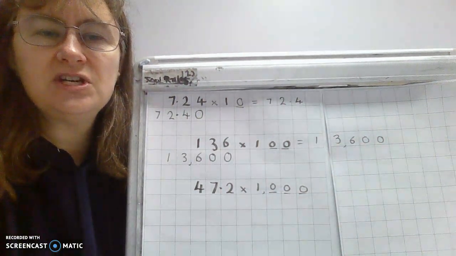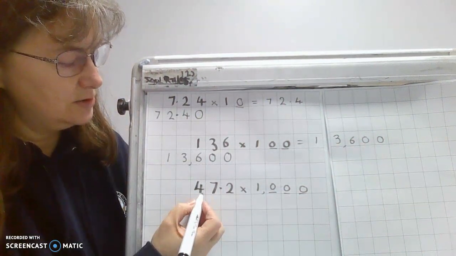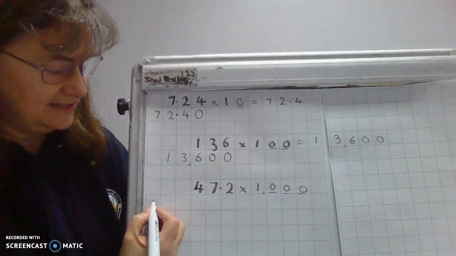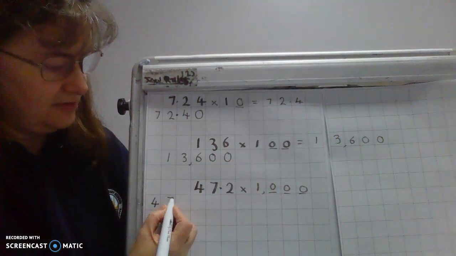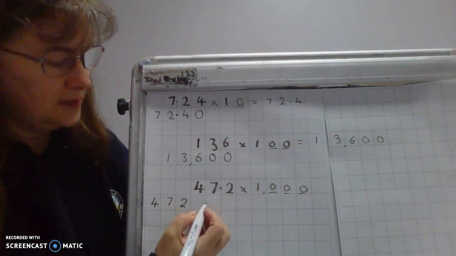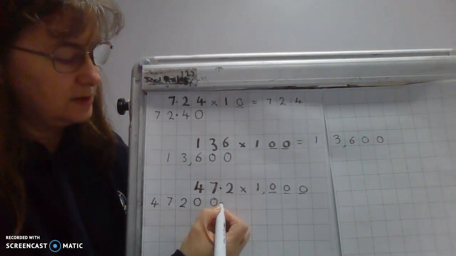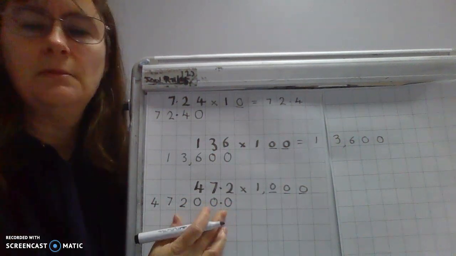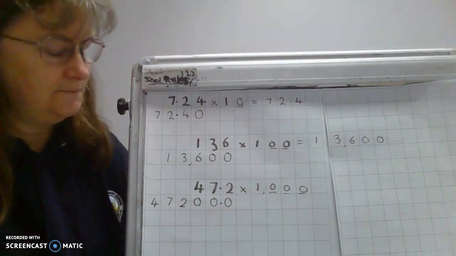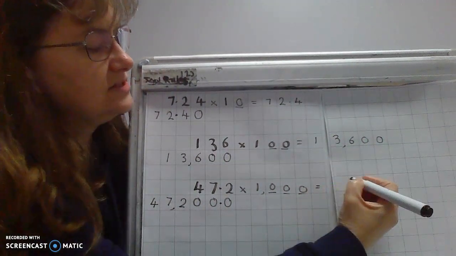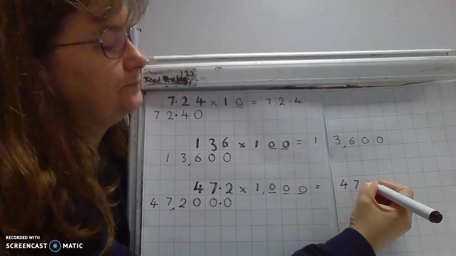So I've got to move my digits 3 places. So if I'm looking at my 4, I can move 1, 2, 3 places. It's going to be here. My other digits follow. I need my placeholder zeros. If I want, I've got my decimal point and my 0. That's not going to change my number. So my answer is 47,200.